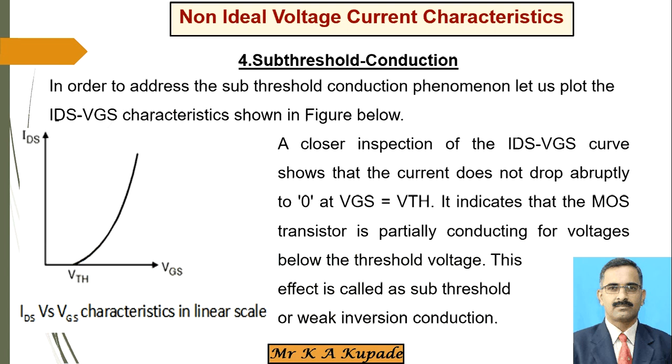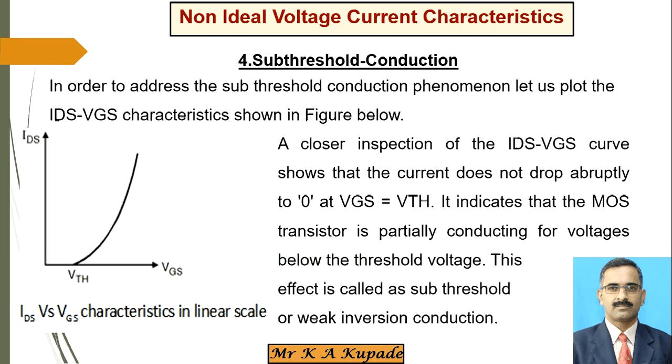Considering this graph, as your VGS increases and becomes equal to VTH, your IDS starts to flow. And as you increase VGS again, your IDS increases again. See here in this figure.